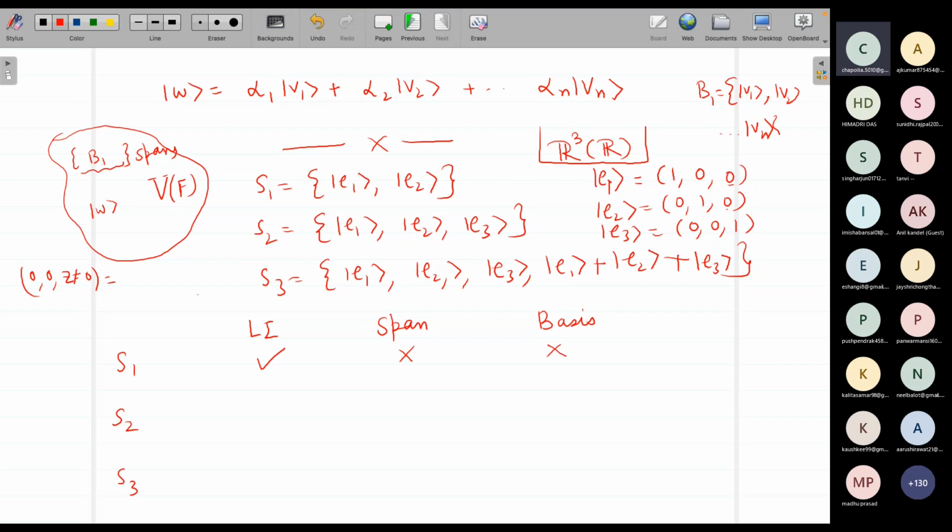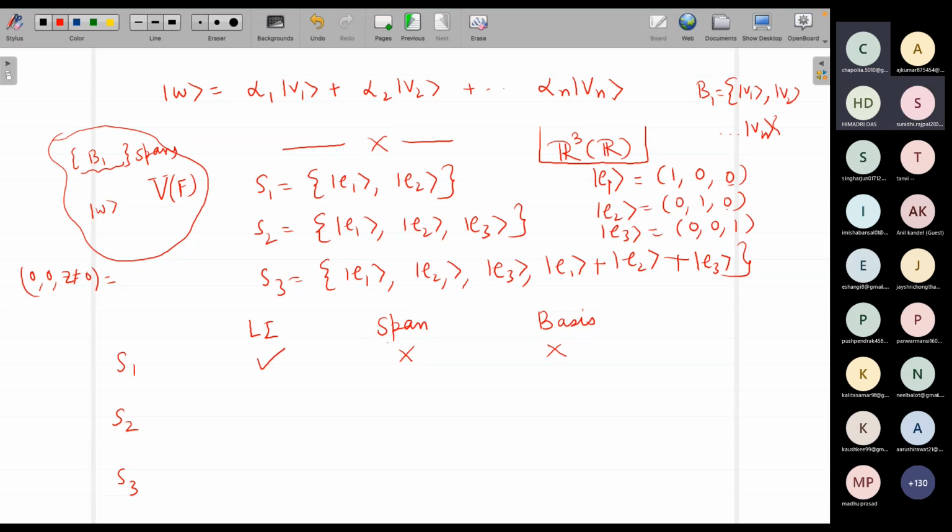Okay, good. So let me just directly come to S3, leaving S2. Is this set linearly dependent or linearly independent? Linearly dependent. And what would be the basis of saying that?